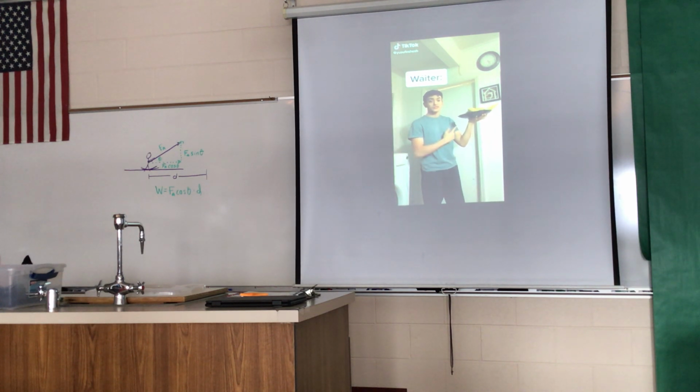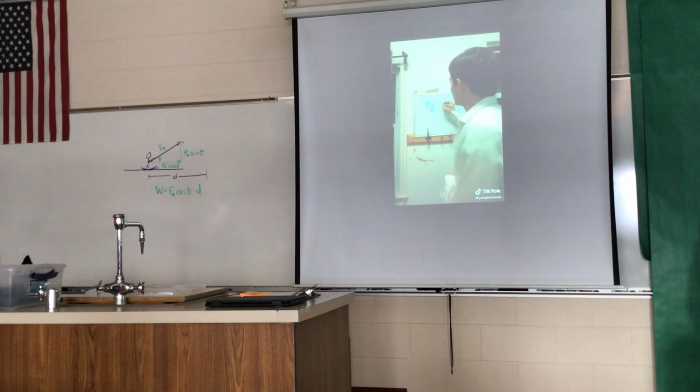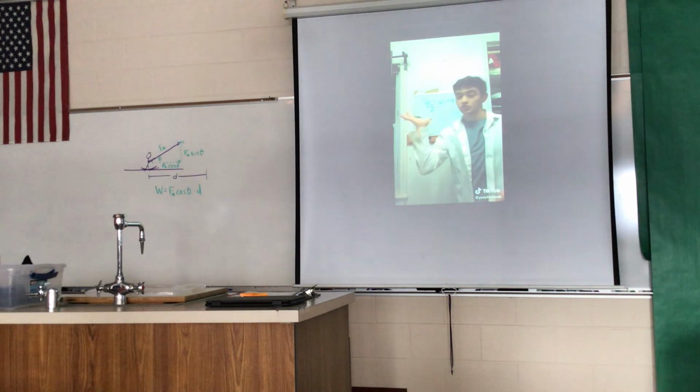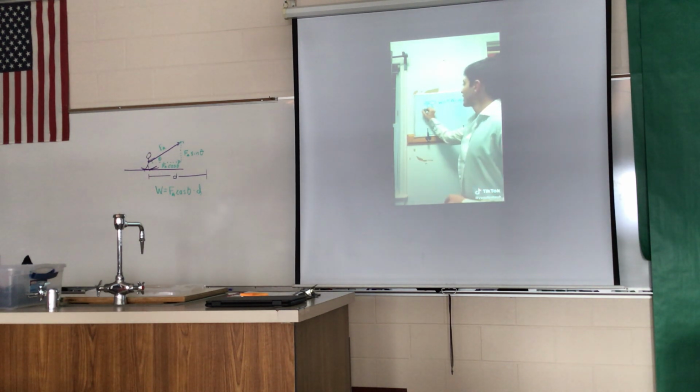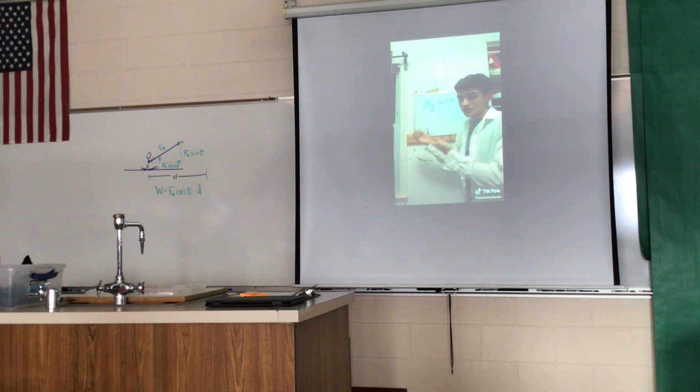Wow, this is great pay for not doing any work. So the joke is actually really funny. The equation for work is work equals force times displacement cosine of theta. And in this scenario of the waiter holding up the tray at a 90-degree angle, as shown here, that would mean that cosine of theta would be 90.